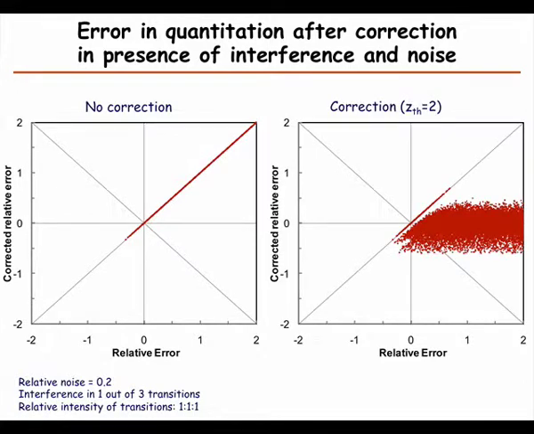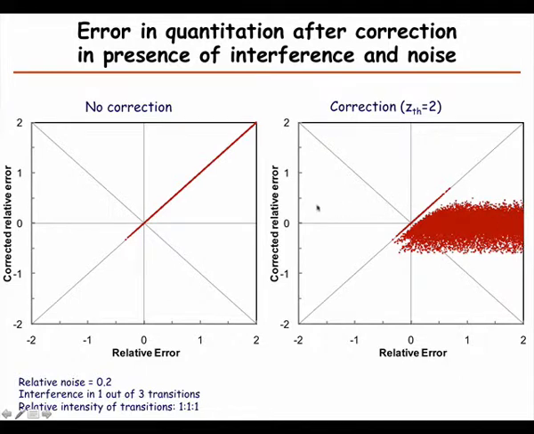Okay, so now we go from this case where we have no correction. If we do a correction with the threshold of 2, then we see that we move down all the ones that have large relative error.